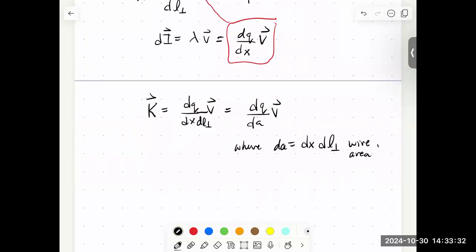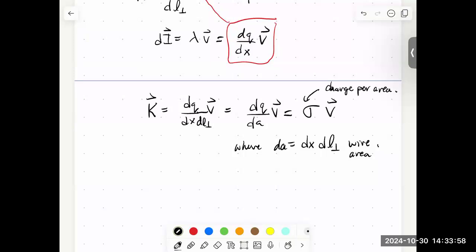But if dq by dx was the charge per unit length, then dq by dA is the charge per unit area, which we usually denote by sigma. And so sigma times v, the charge per unit area times v, gives us the surface current density.